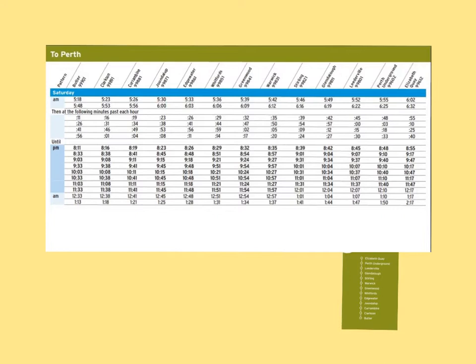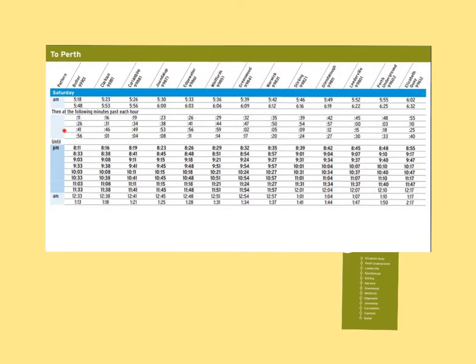It is important to note here that there aren't any times here. It says AM, then it says then at the following minutes past each hour. Now this relates to every hour on a Saturday. So at midday, for example, the trains at Stirling will be expected to come at 39 past the hour, 54 past the hour, 09 past the hour, and 24 past the hour.